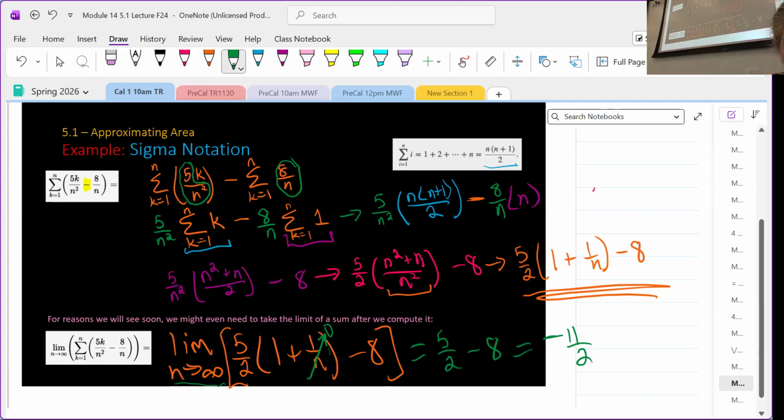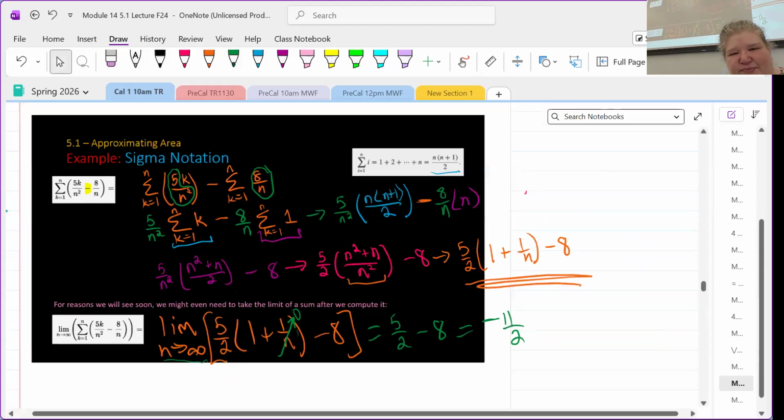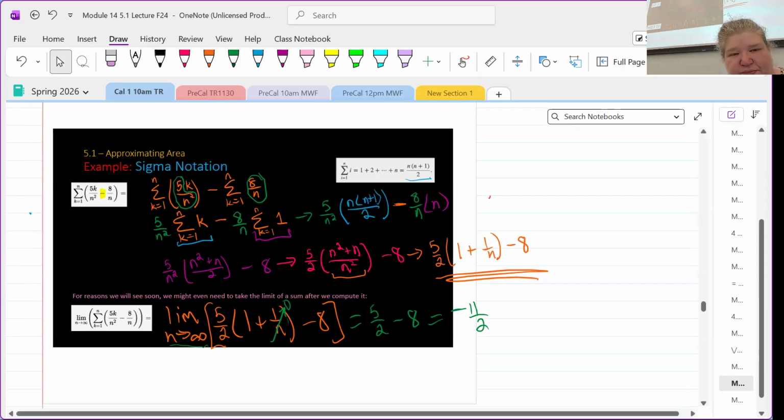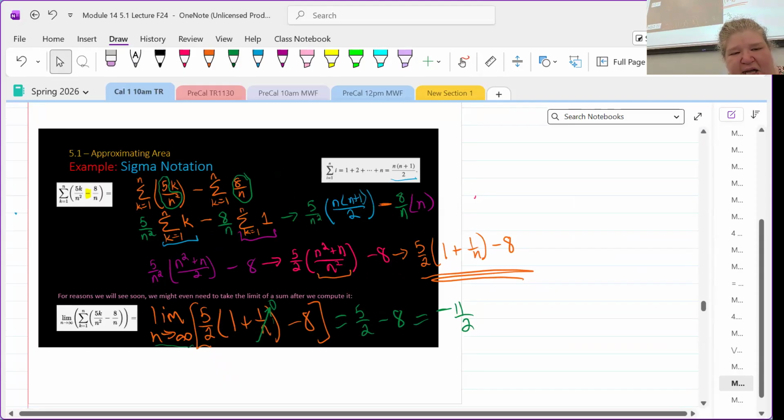So I guess the negative 8 over n was a little bit stronger than the 5k over n squared piece. Or I guess a little bit bigger, maybe. So, weird, crazy algebra with one calculus step at the end.